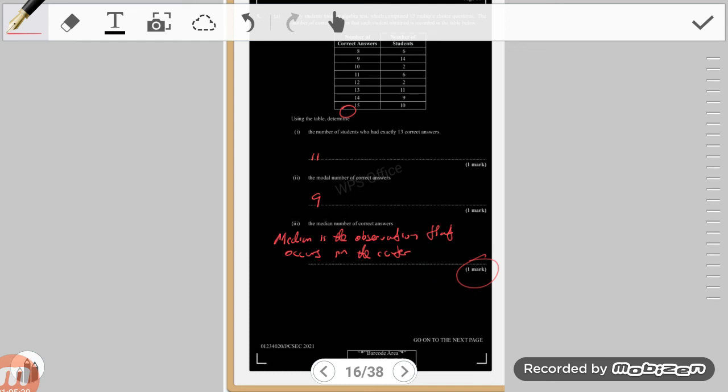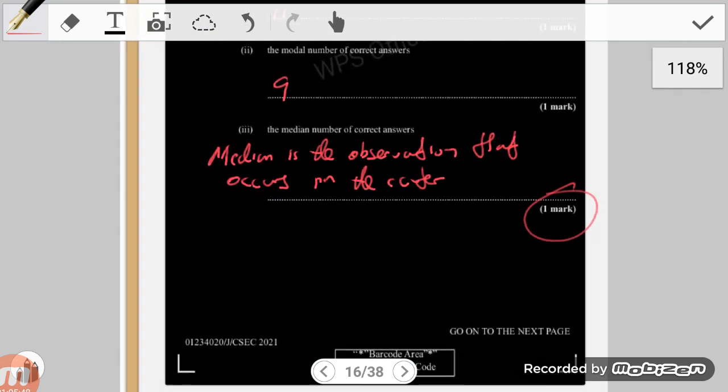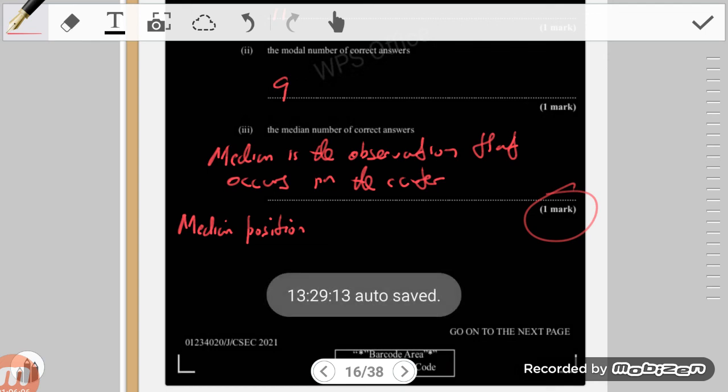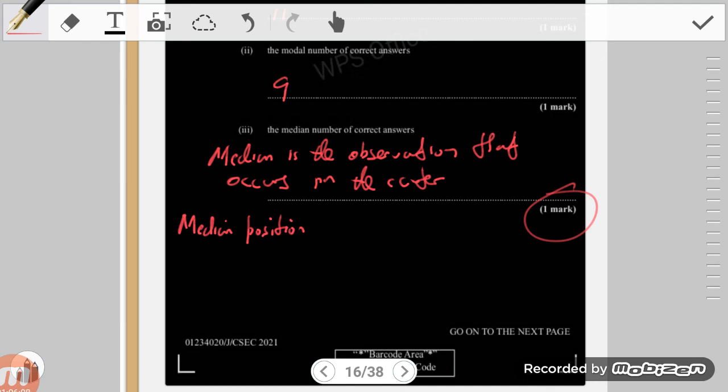Now if I want to find them, here's how I think I should do this question. I'm thinking maybe we could just simply find the position of this median value. Alright, so I'm going to try to find the median position here. So I'm trying to locate at what section throughout the 60 distribution of different numbers will the median be located.